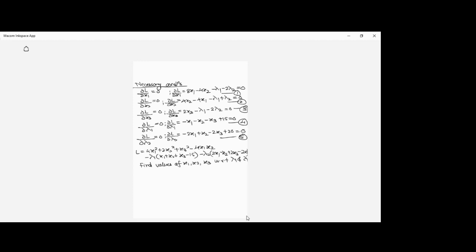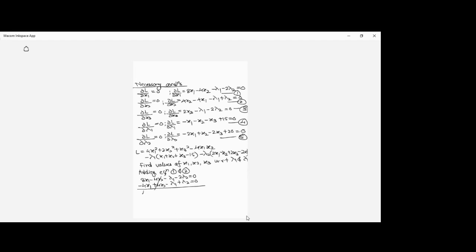So solving, or adding equations 1 and 2, right? Here it is 8x1 minus 4x2 minus lambda 1 minus 2 lambda 2 is equal to 0. I'll reconstruct this, making it minus 4x1 plus 4x2 minus lambda 1 plus lambda 2 is equal to 0. So this is to be added, right? Minus 4x2 plus 4x2 will get cancelled.